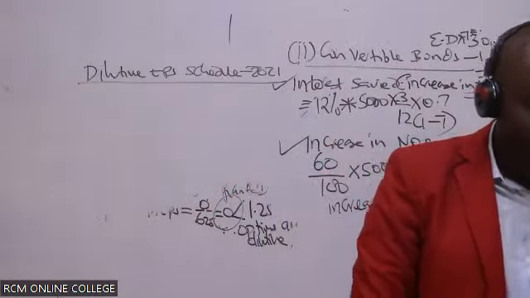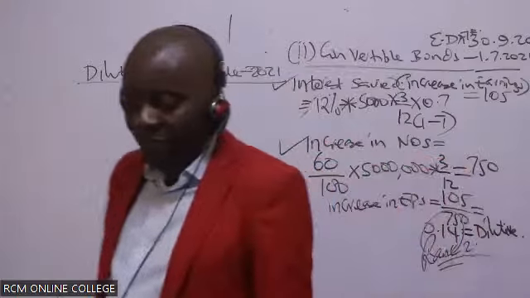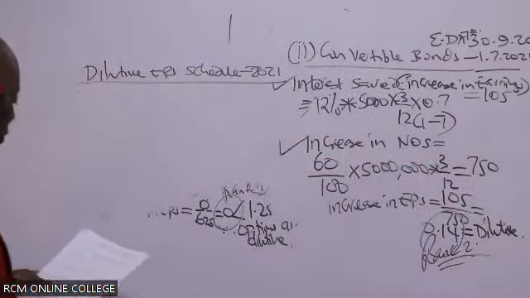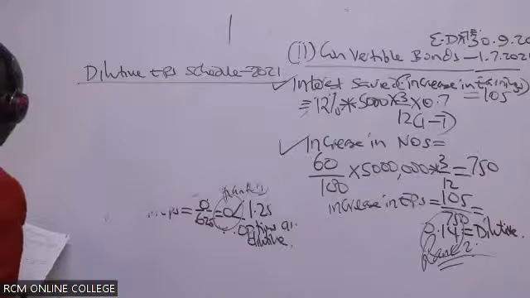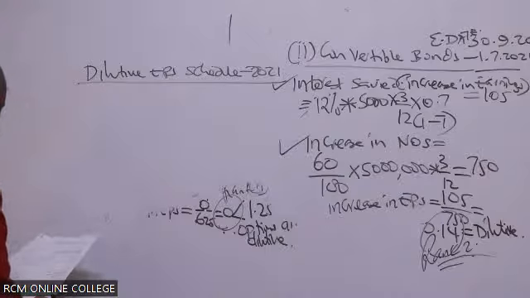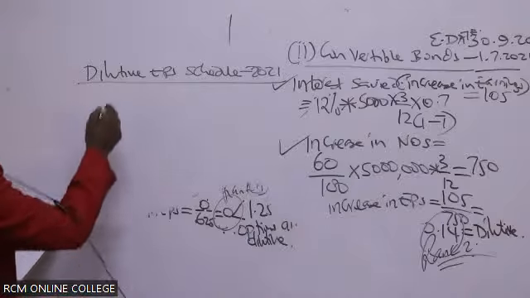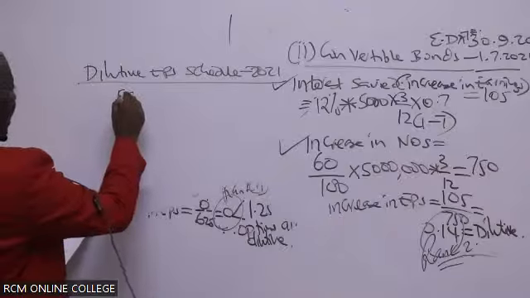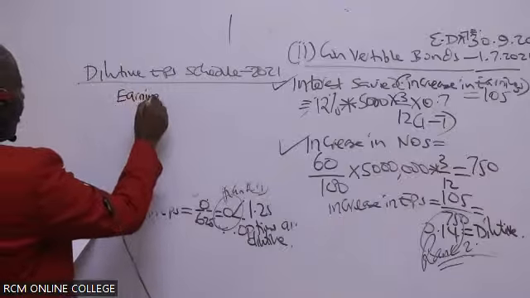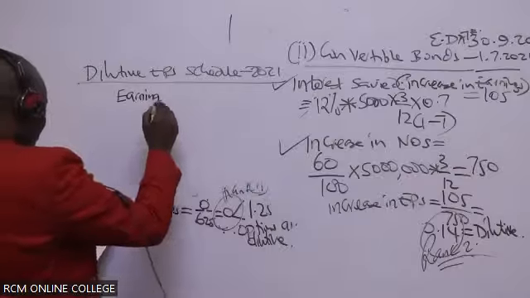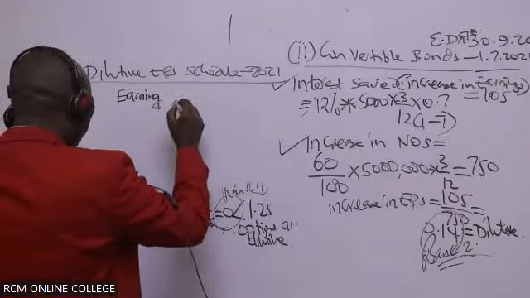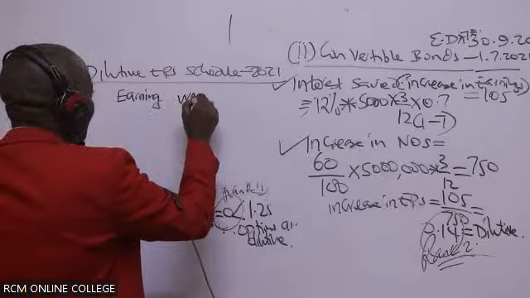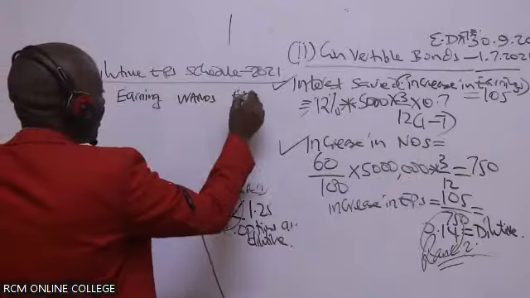Very easy indeed. What we shall do here is have a column where we capture our earnings, our one-offs, and the EPS.